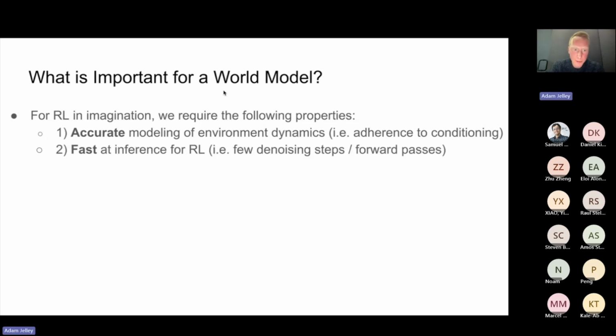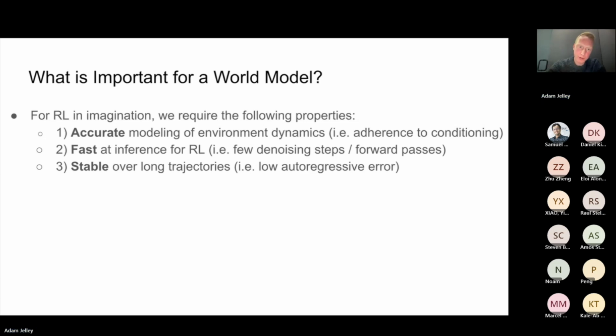But secondly, we also need the world model to be fast at inference time in order for an RL agent that's interacting with it to be able to learn something meaningful, given that, as we discussed previously, RL can be quite sample inefficient. And in practice, this ended up being a requirement for the world model to be able to run with few denoising steps, which is equivalent to forward passes of the model.